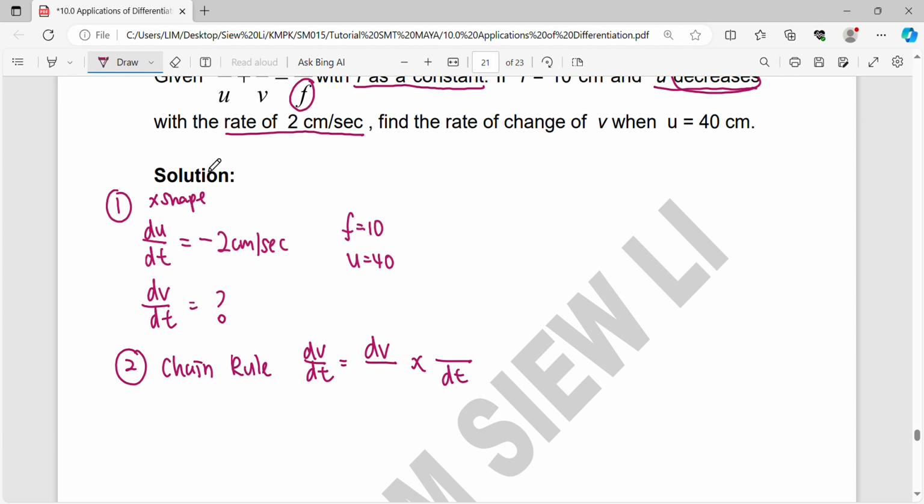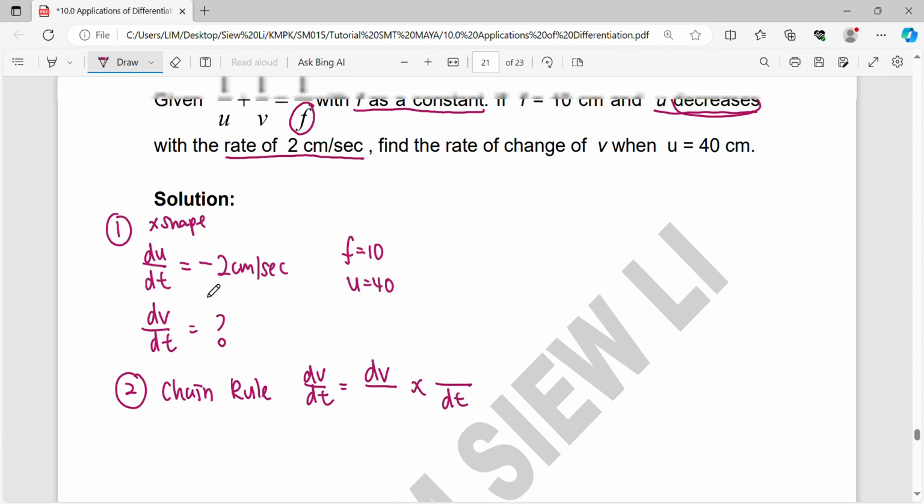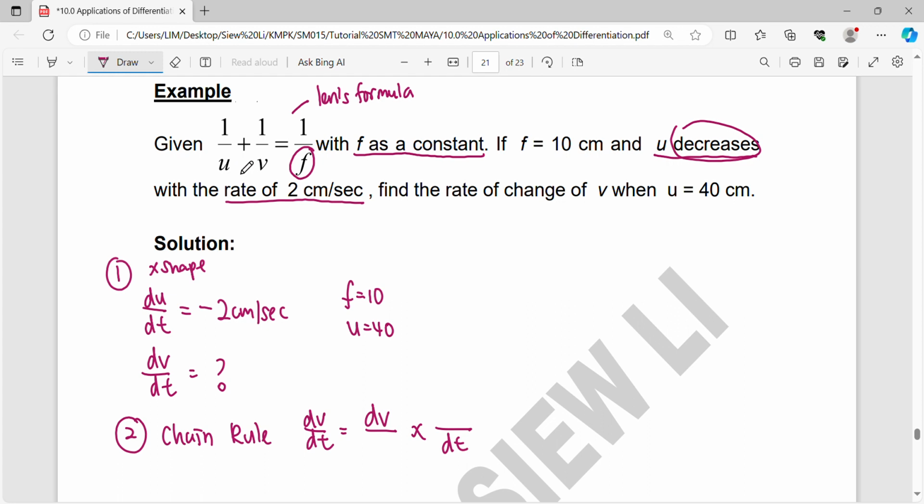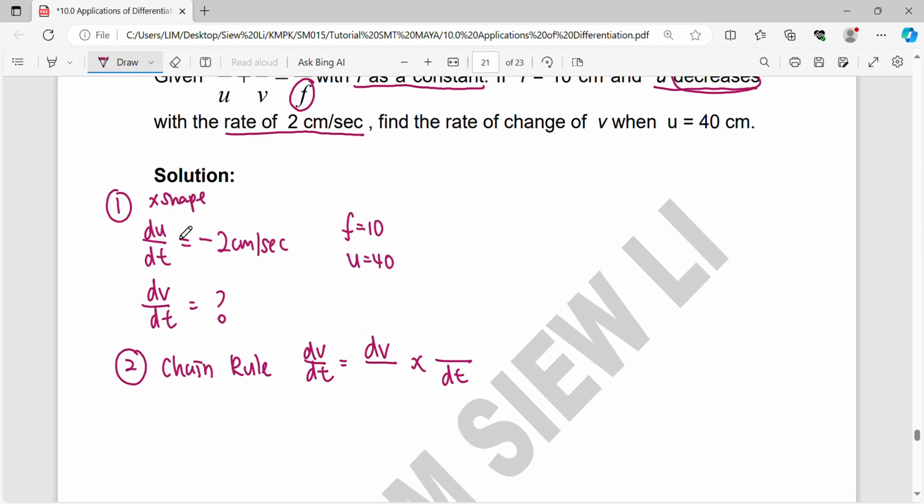So look at the variables that we can link here. v can only link with u for this formula. As f is a constant, the variables here are only u and v, and we have du dt. So dv will link to du, differentiating v with respect to u, and then continue with du dt so that we can get dv dt.